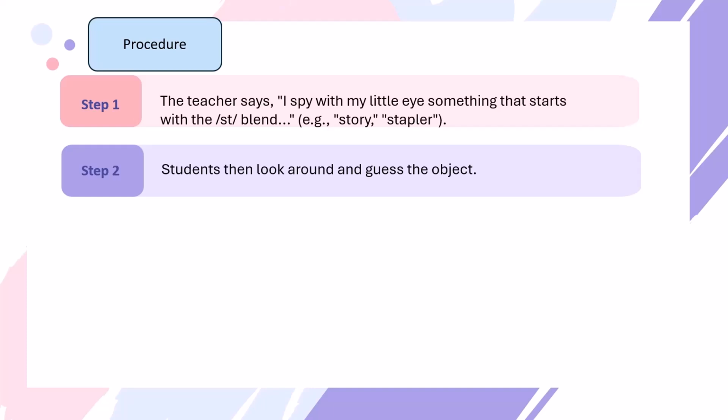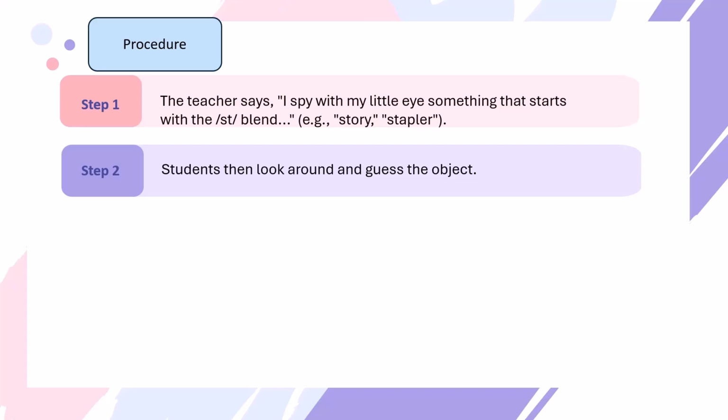The procedure to conduct I Spy in your classroom is quite simple. All you need to do is have a good visual of your entire classroom, be mindful of the objects around, and go ahead and call something that you have seen. But don't tell it directly to the learners.